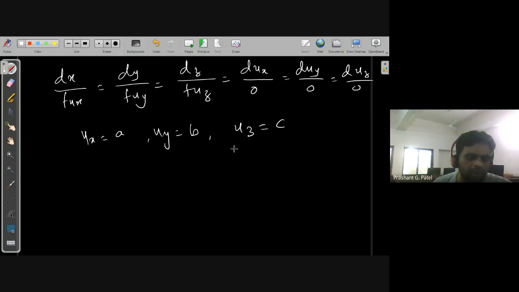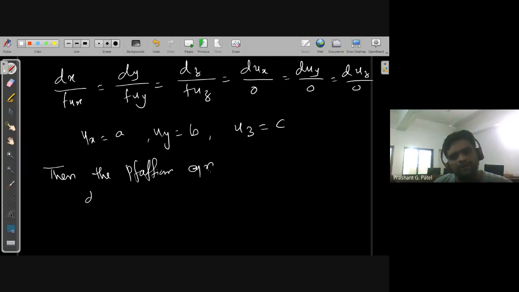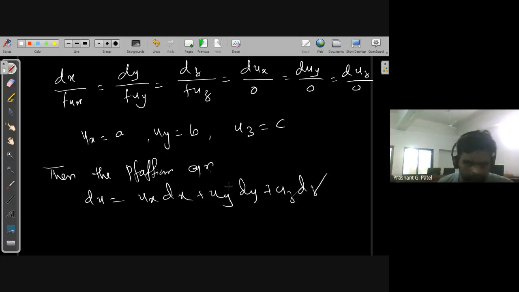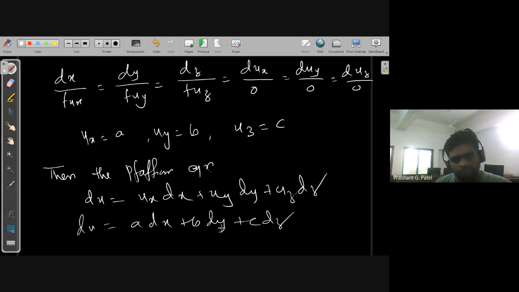And if we have this, then the Pfaffian equation, that is du equal to ux dx plus uy dy plus uz dz, will give you du equal to a dx plus b dy plus c dz.